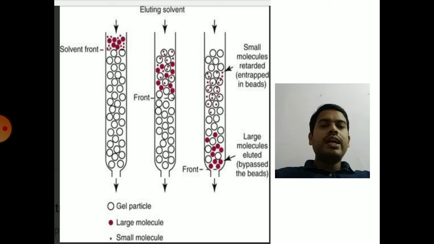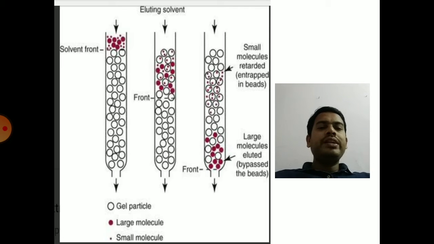So the retention time for the smaller molecules will be more, and the retention time for the larger molecules will be less. This is the principle of gel filtration or molecular exclusion. Molecular exclusion means the molecules will be excluded from the gel beads, so they travel in the spaces between the gel beads. That is molecular exclusion chromatography.